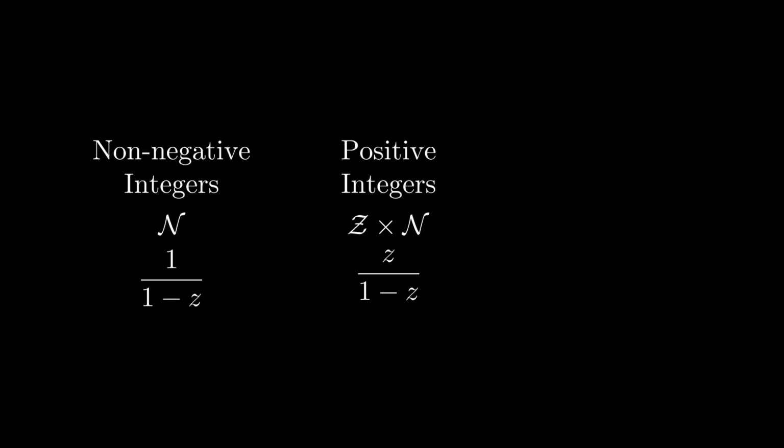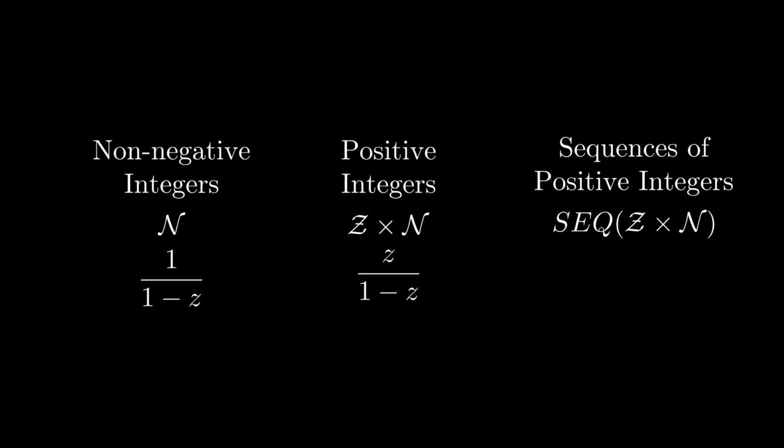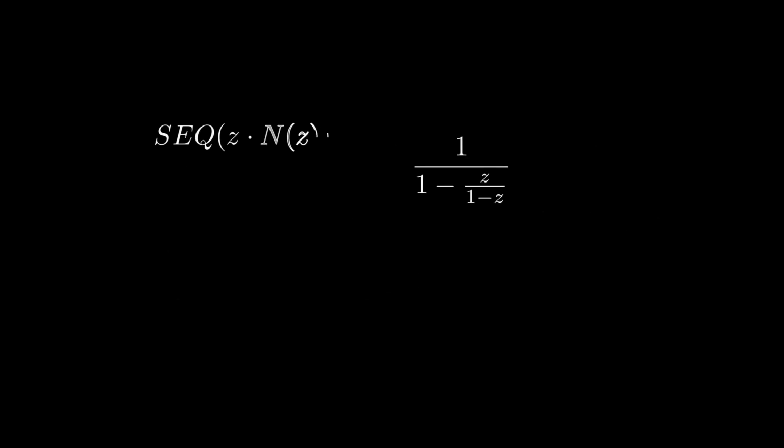The class of non-negative integers is given by N, so to get the class of positive integers, we can simply add 1 to each integer. Then the class of positive integers is z times N, and we are looking for sequences of positive integers. Then we want the generating function of seq of z times N, which is equal to 1 over 1 minus z over 1 minus z.